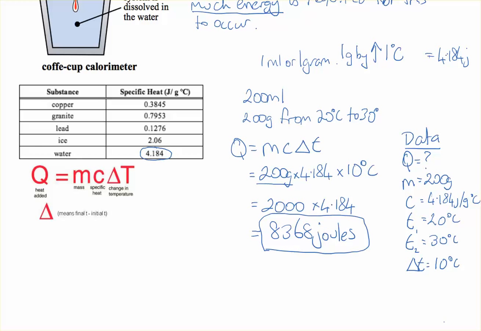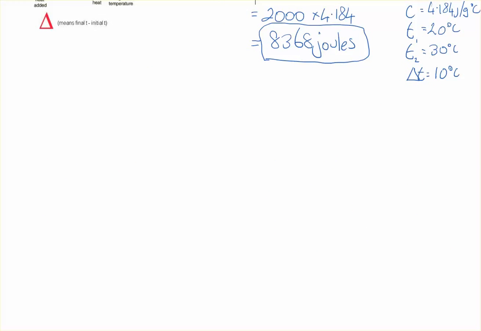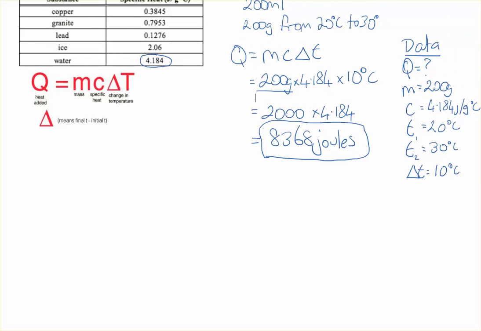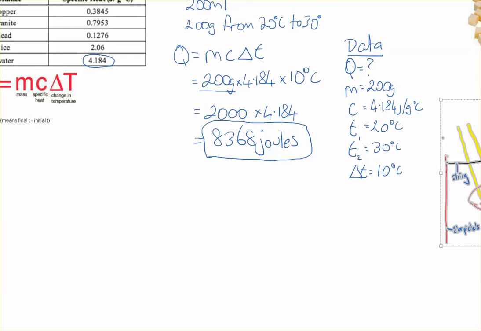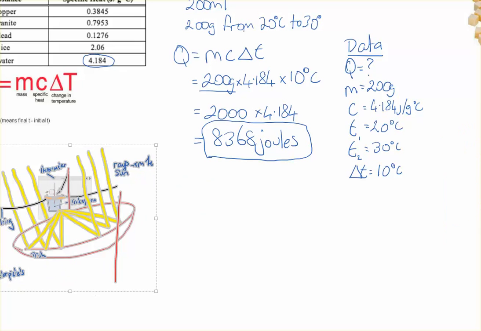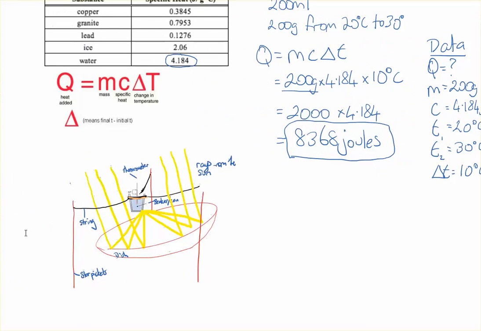Now, the example that we're actually going to be doing with the Austar dish, we're obviously not using the coffee cup. We're going to be placing a beaker on top of the Austar dish, right in the focal point. And in effect, what we're doing is we're measuring the amount of sunlight that comes in, the sunlight that's coming in towards the dish and hitting the beaker.